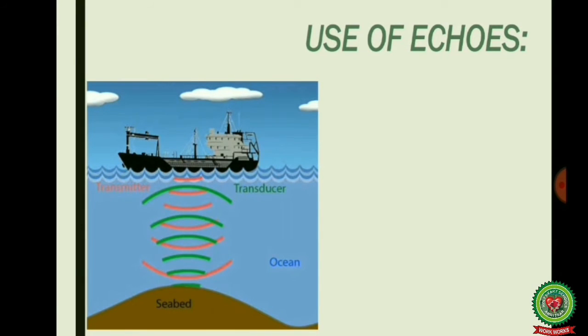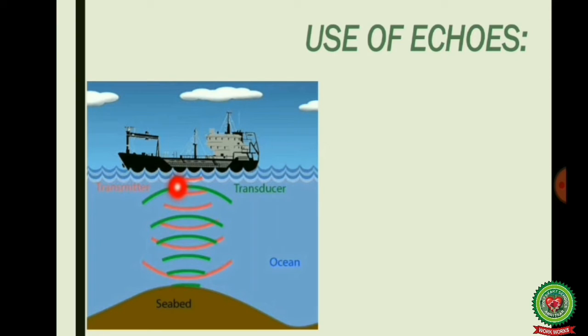Now our next topic is use of echoes. The first one is sonar, which stands for sound navigation and ranging. The principle of sonar says that ultrasonic waves are sent in the sea water in all directions from the transmitter fitted in the ship.